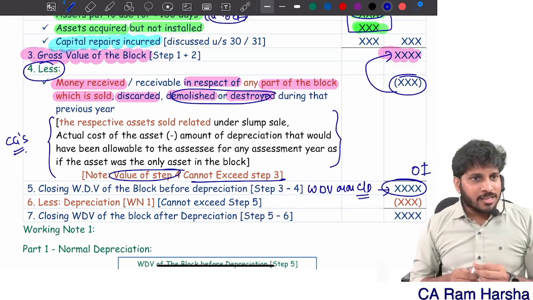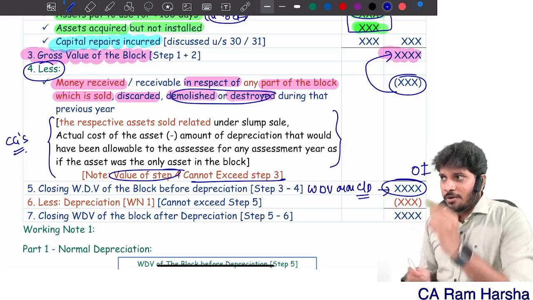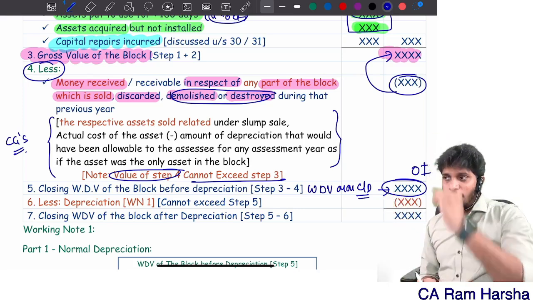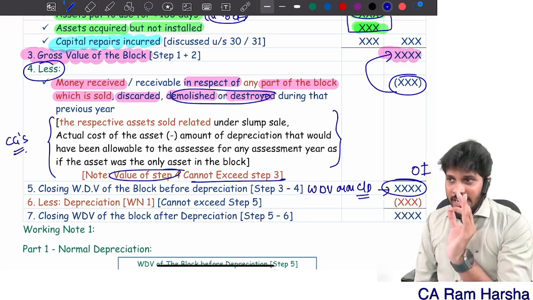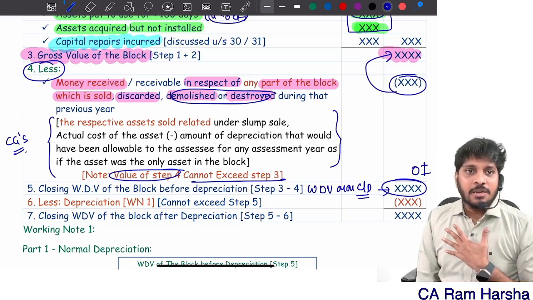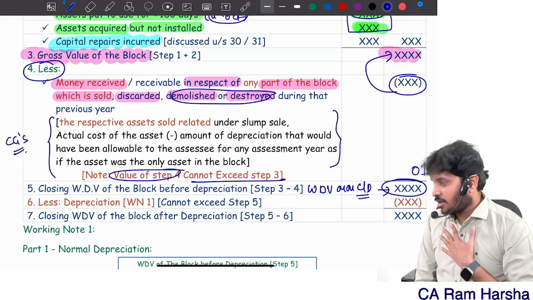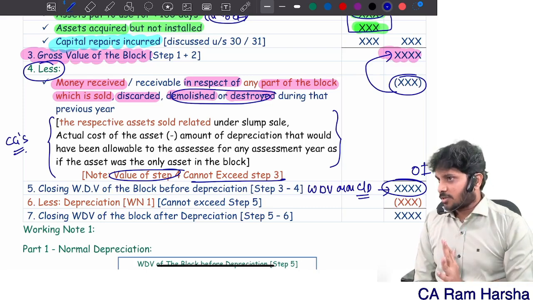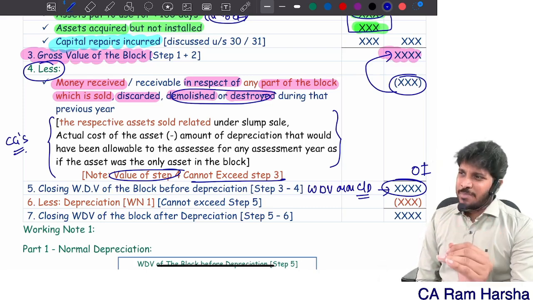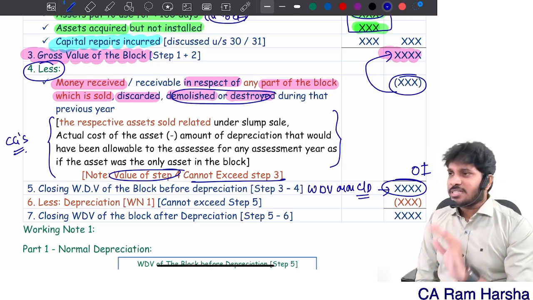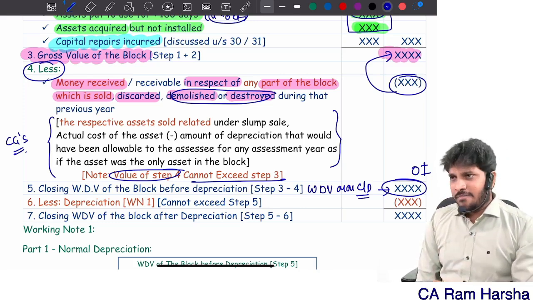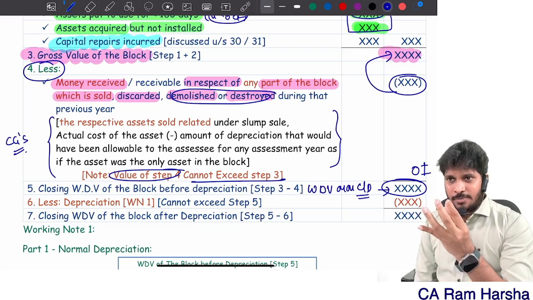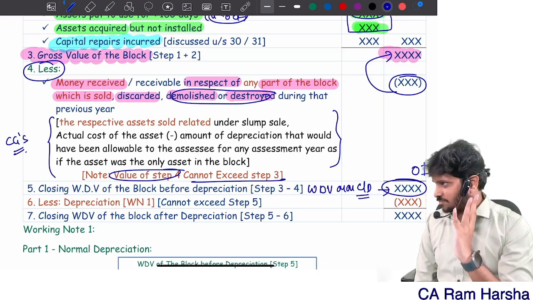So we'll do one thing. Until now you understood; let me sum up what we discussed. In income tax, we claim depreciation not asset-wise but block-wise. Block means assets falling under the same category and carrying the same rate of depreciation is called a block of asset. We have four categories: intangible, building, furniture, and plant and machinery.